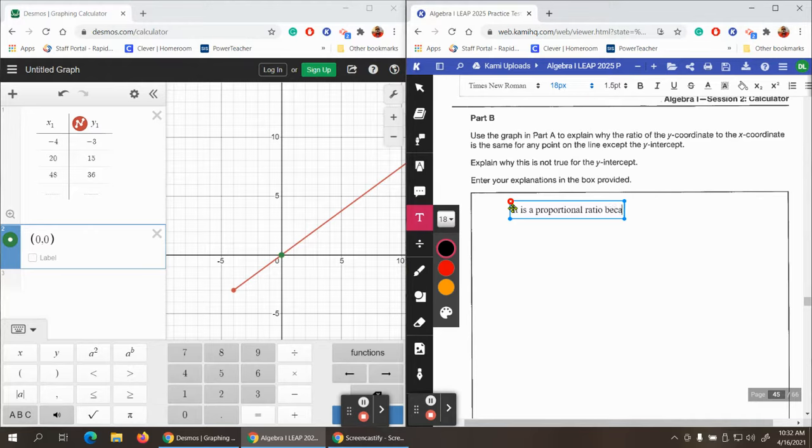It is a proportional ratio because it passes through the origin. Okay, it is a proportional relationship because it passes through the origin.